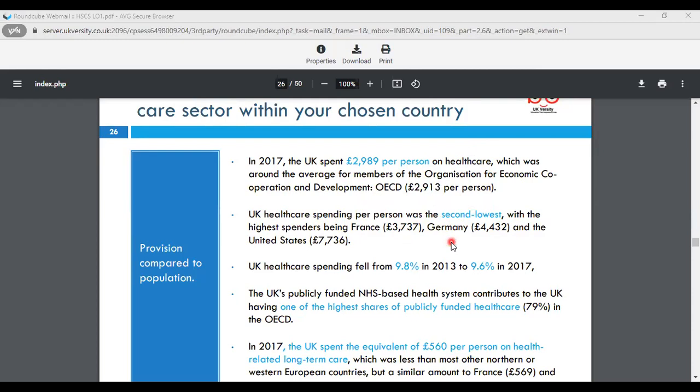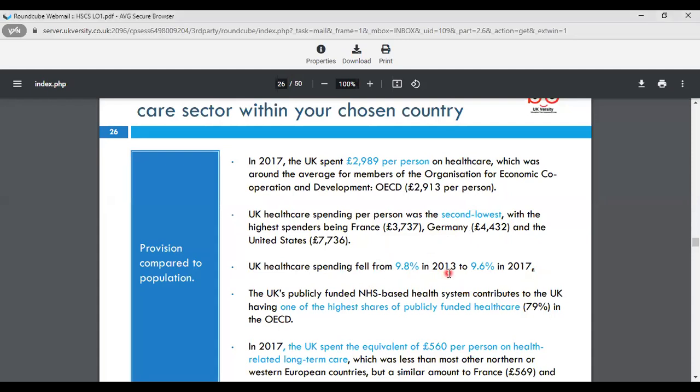So that's not really good. If your expenditure is high on health, that is good. If your expenditure is high on education, that is good. But if it's the second lowest, that's not really good. And then its healthcare expenditure fell from 9.8% in 2013 to 9.6%.